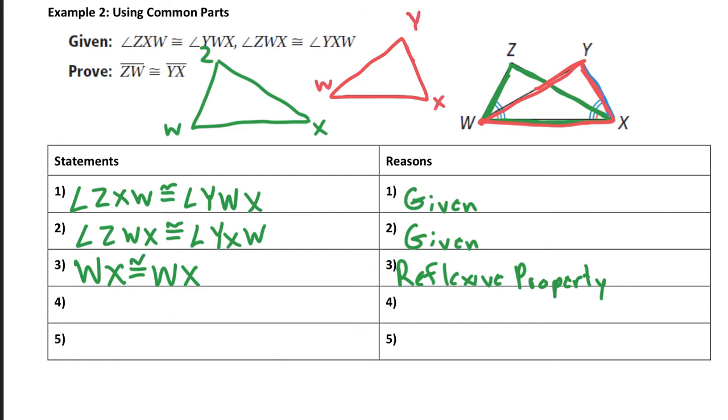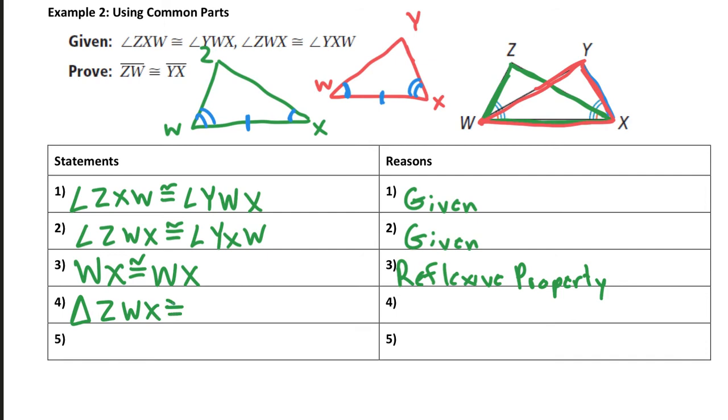Now the part of this that's interesting to me is labeling what's congruent. We established WX is congruent to itself. We were given ZXW is congruent to YWX. So I want you to see where I drew those little blue markings. Also, ZWX, I'm going to use two markings, is congruent to YXW. So, with all that being said, we can say that these two triangles are congruent.